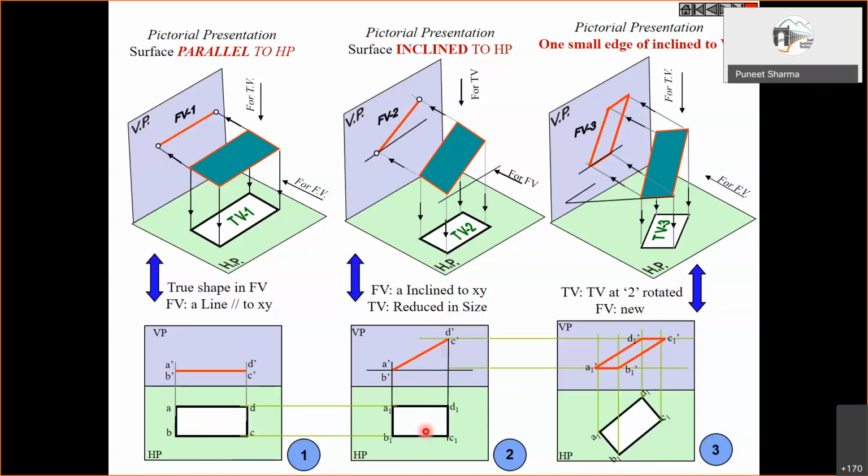For obtaining the top view, first of all we are supposed to draw projectors from the available front view. So C dash D dash located here, we draw the projector. A dash B dash here, we draw the projector. Next, when this is done, this line view is changed to this kind of orientation, right?